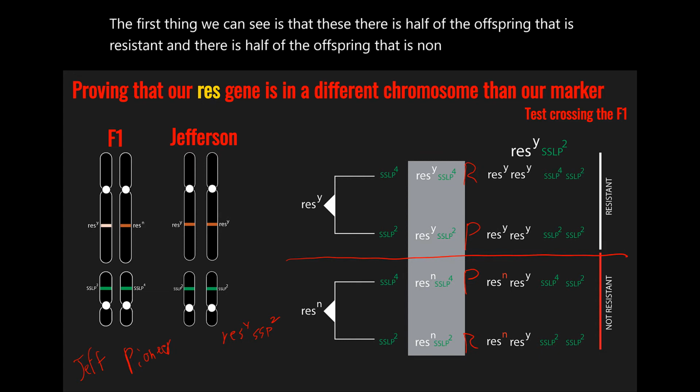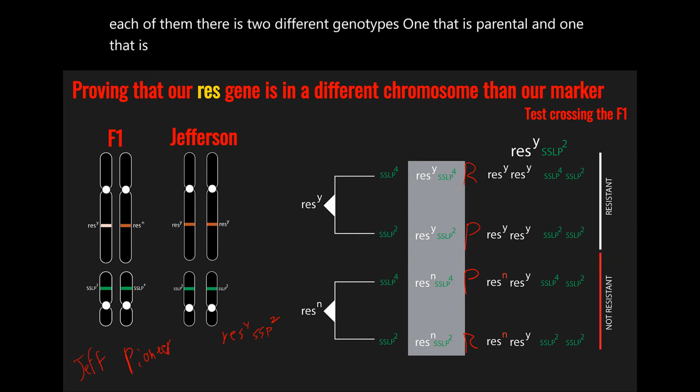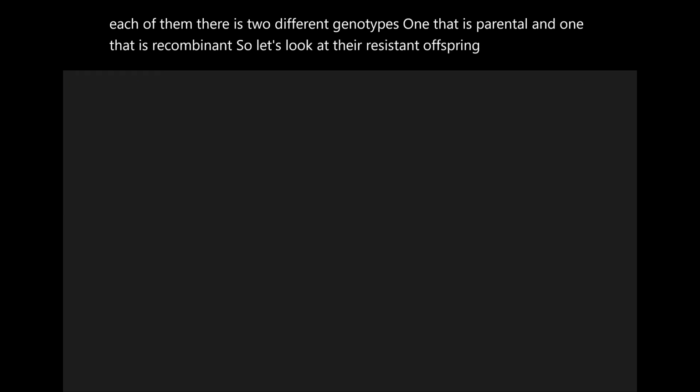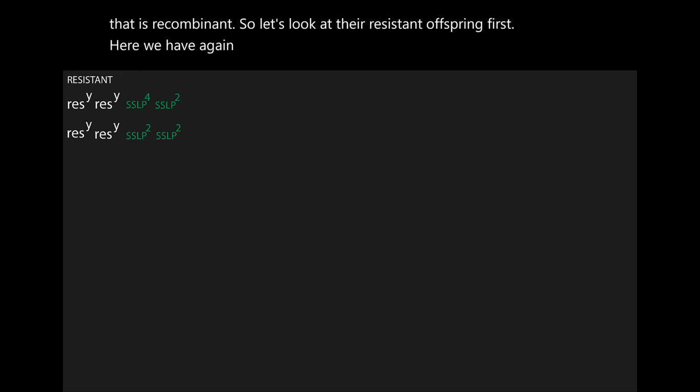And from each of them, there are two different genotypes, one that is parental and one that is recombinant. So let's look at the resistant offspring first. Here we have again the two different genotypes in which we can find the resistant trees.